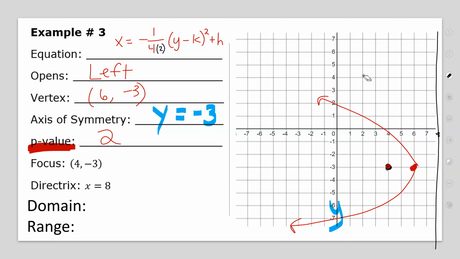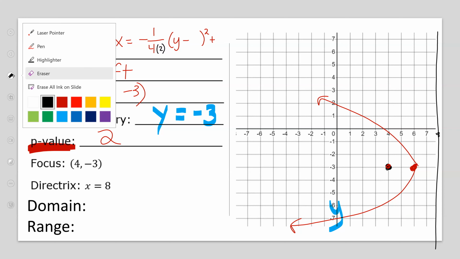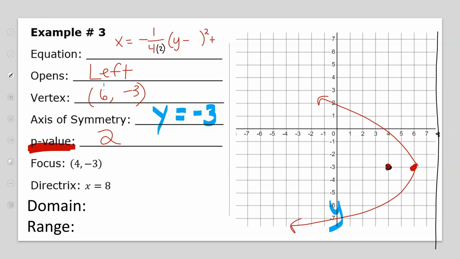Now, guys, this is the important part. K and H are switched. We want to know what K and H are. So this is the K value, and this is the H value. I'm going to put K inside of here and H out here.